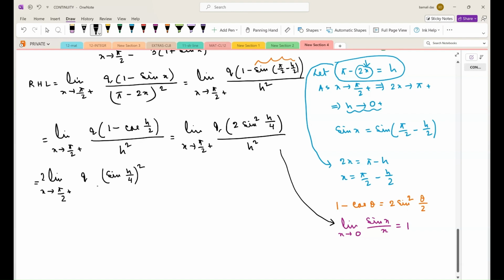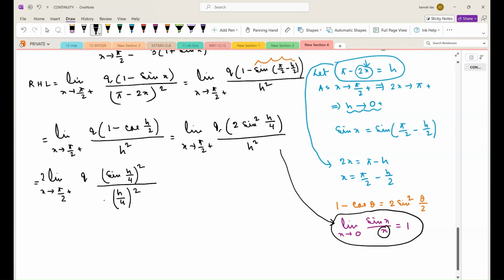Now in order to use this limit, I need to have h by 4 whole square here to apply this limit.